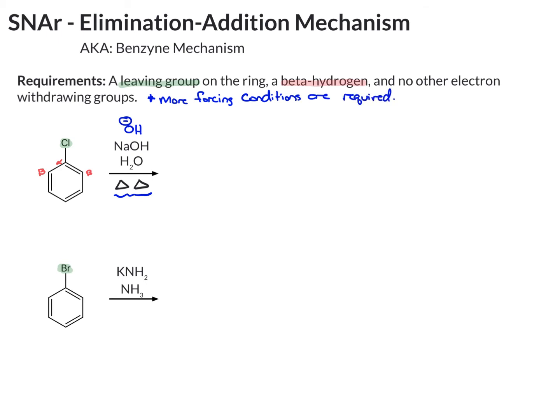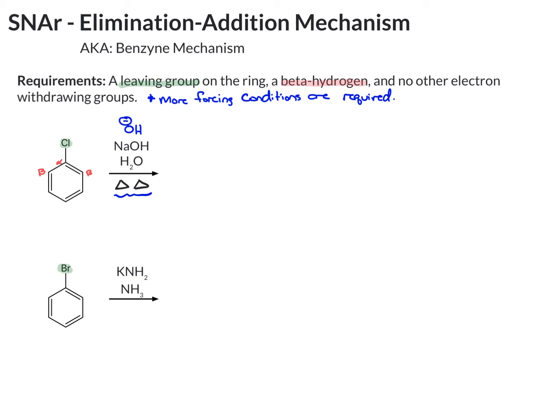And that's because we don't have the electron withdrawing groups to help out. Forcing conditions is kind of an obscure term, but it just means maybe you're adding heat or pressure or something like that to help push the reaction.